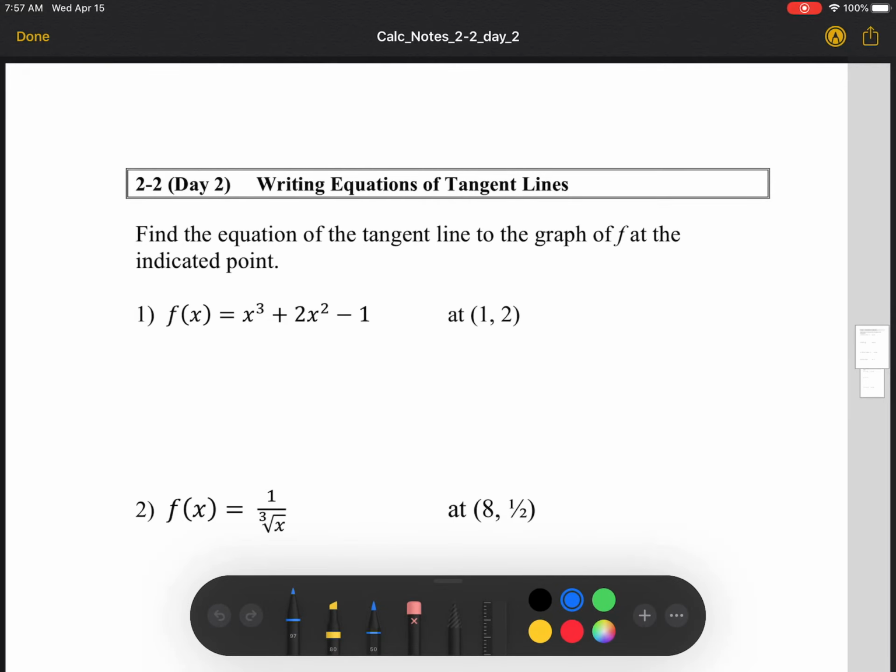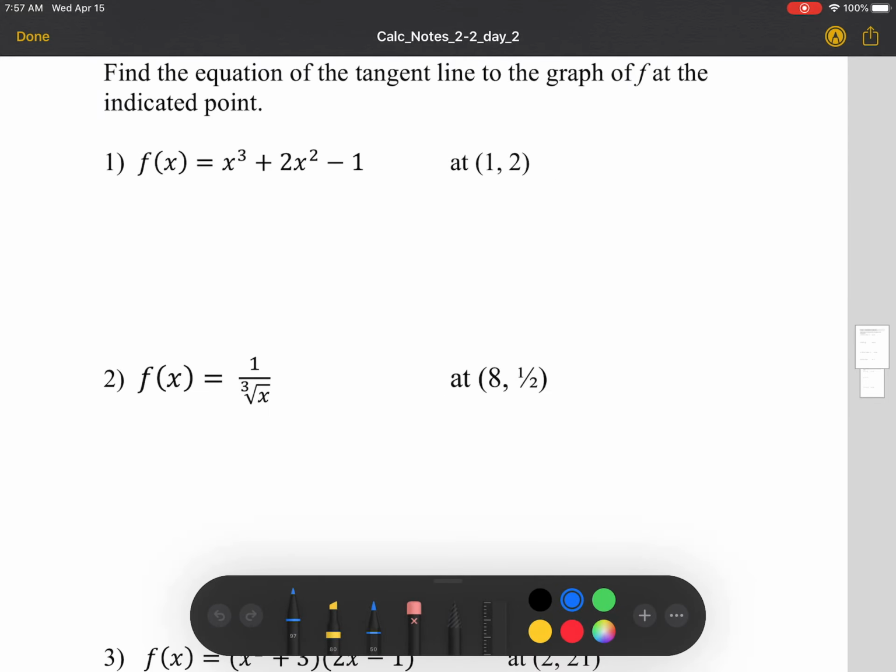For one, we're going to take the derivative. Let me get my marker up and ready. f prime of x is 3x squared plus 4x. Now, to find the slope at a certain point, we take the x component, 1, and plug it in.